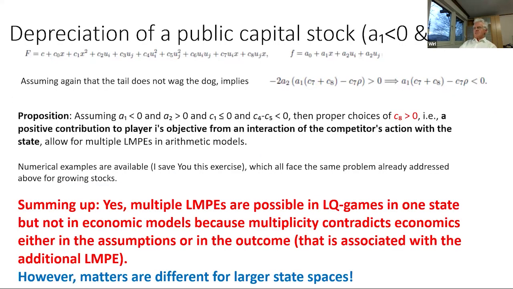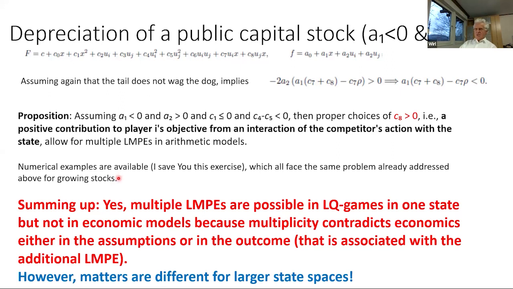Now we make the same story, and I'll save you here the details, with depreciation of a capital stock. Again, by proper choice of an interaction term, now with respect to the competitor's contribution, you see C8 is here. You can get 2 linear Markov perfect equilibria. But again, you cannot get it in the proper domain.